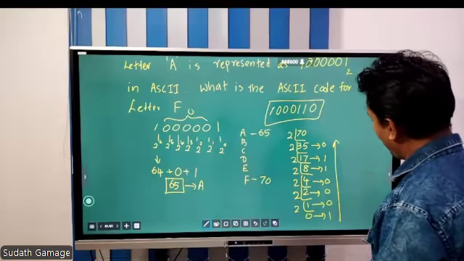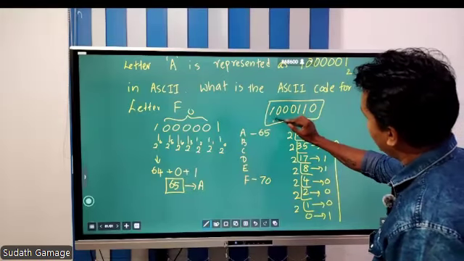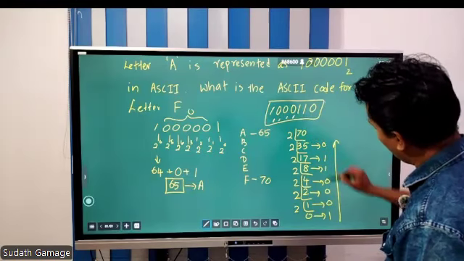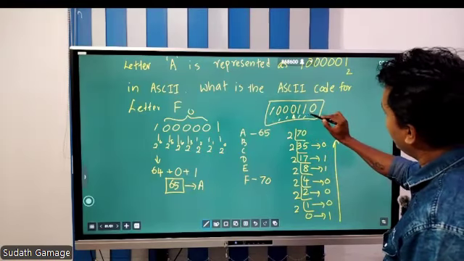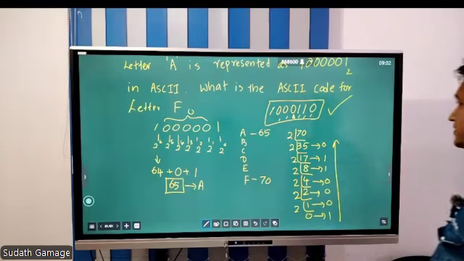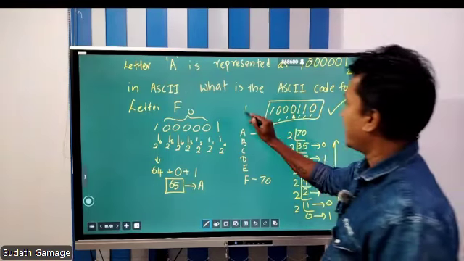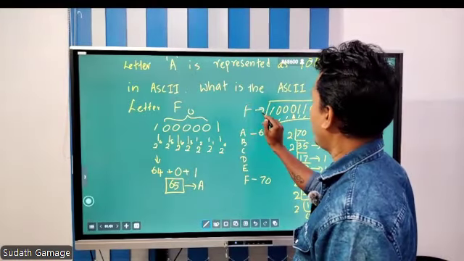Written this way, 1 0 0 0 1 1 0. This is correct, right? This is the ASCII value of F.